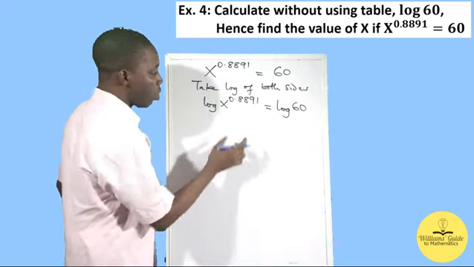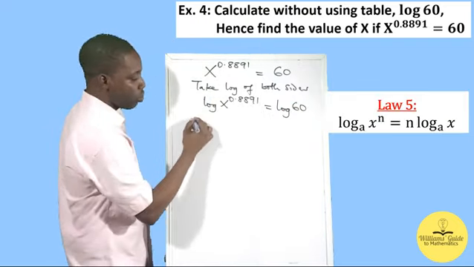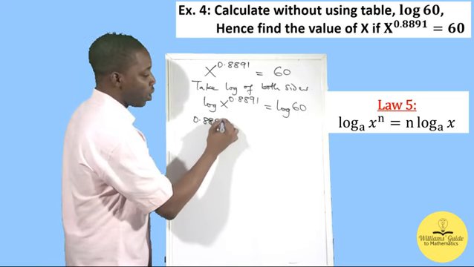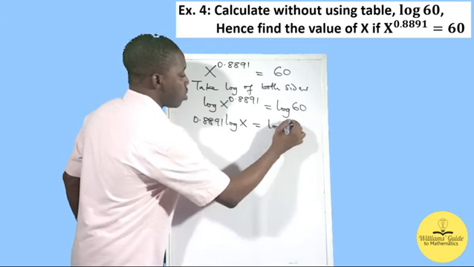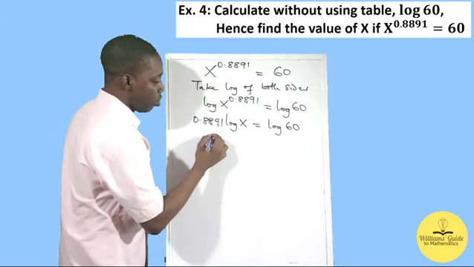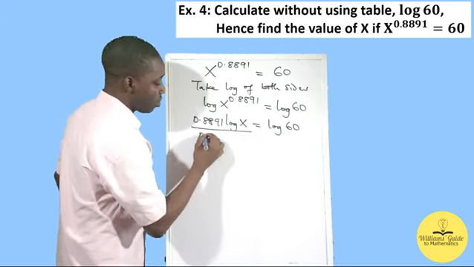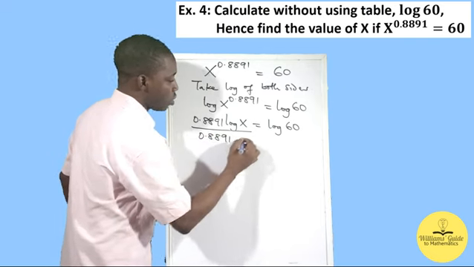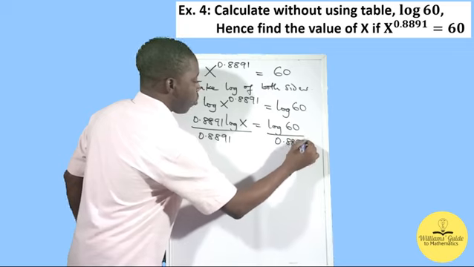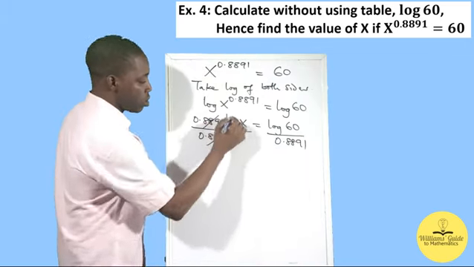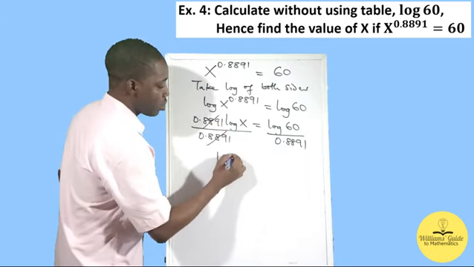From the fifth law, the power can come to the front, so we have 0.8891 log x is equal to log 60. So we can divide both sides by 0.8891. This cancels this. I have log x.